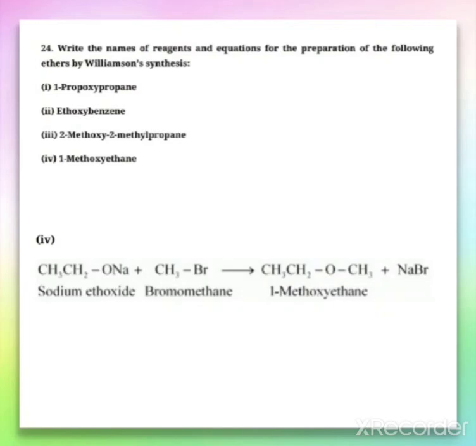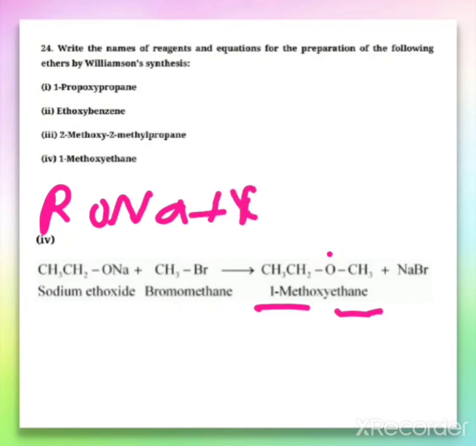In this type of problem, the product is given to us, and we have to identify the reactants, since it was given that the Williamson synthesis should be used to prepare this type of ether. So first of all, make the structure, point out the oxygen, check on both sides which is the alkyl group, and on the basis of the general equation you have learnt, that is RONa plus XR dash gives ROR dash.